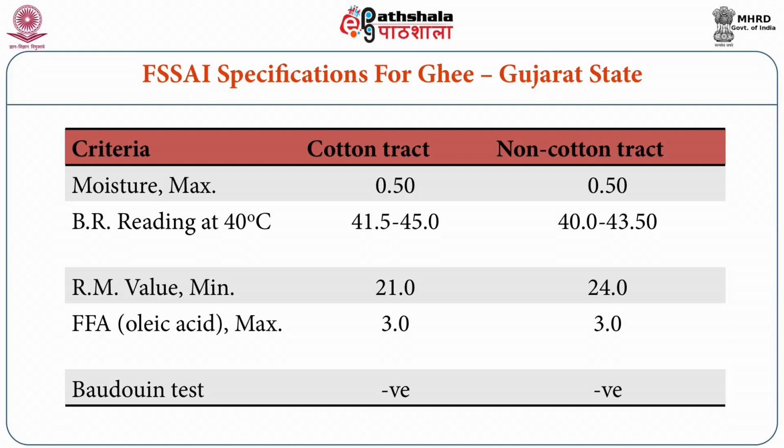When you are preparing ghee out of such milk, certain fat constants, we'll see later on, the BR reading, RM value, can change based on the feed intake of the fatty acids. And hence, the legal specifications have been bifurcated into cotton tract and non-cotton tract area. However, there will be slight variations between the two.